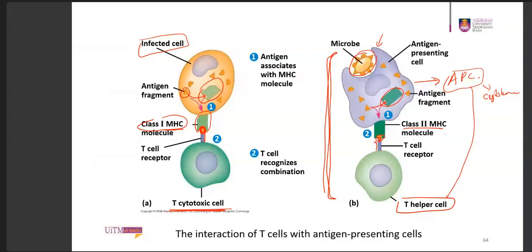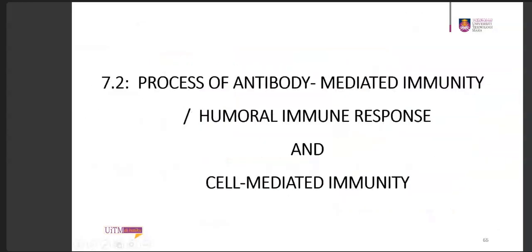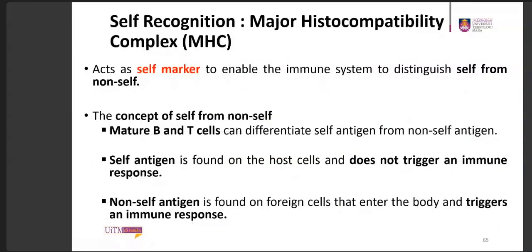Okay, maybe this is the last slide before we end. Okay, so self recognition by MHC molecule, so act as self marker. This is the function of MHC. Dia bertindak sebagai self marker, the host marker. Okay, the host. So act as self marker to enable the immune system of the host to distinguish self from non-self.